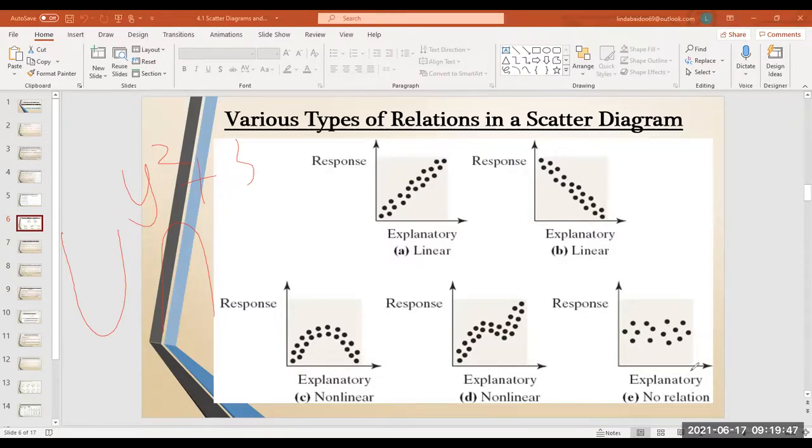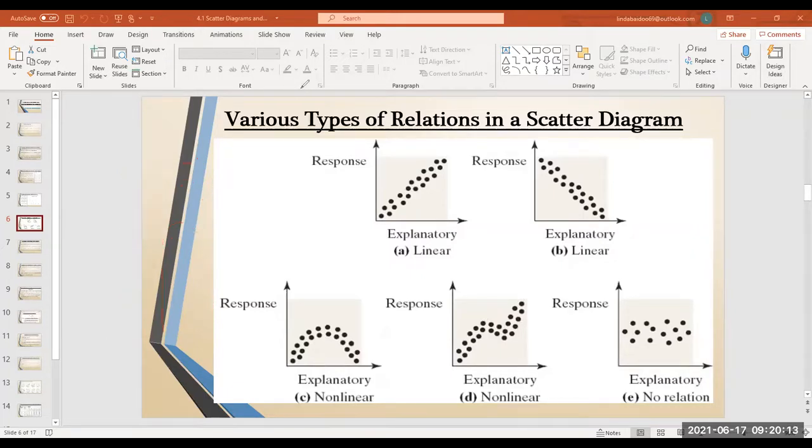So in this case, when they have no relation, it's possible that as x was increasing, the y values remained the same. It did not change. So they didn't really have a relation. Here, when we have this, it's possible that it looks like this. So here our y squared would be positive. And here they had a relation, just that it wasn't linear.